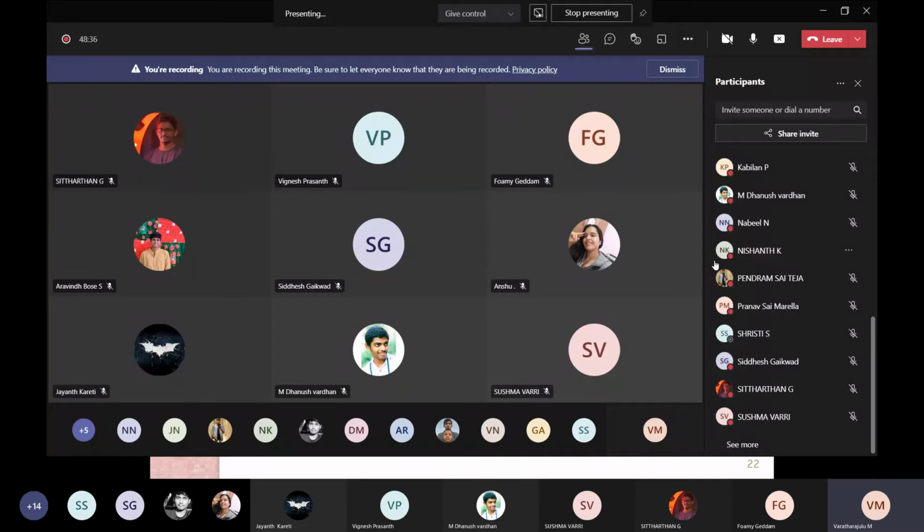Whether this log base is e or 10? E, sir. 10. Siddharthan's opinion is different. Anshu is saying the answer is 10. Then any other different opinion?